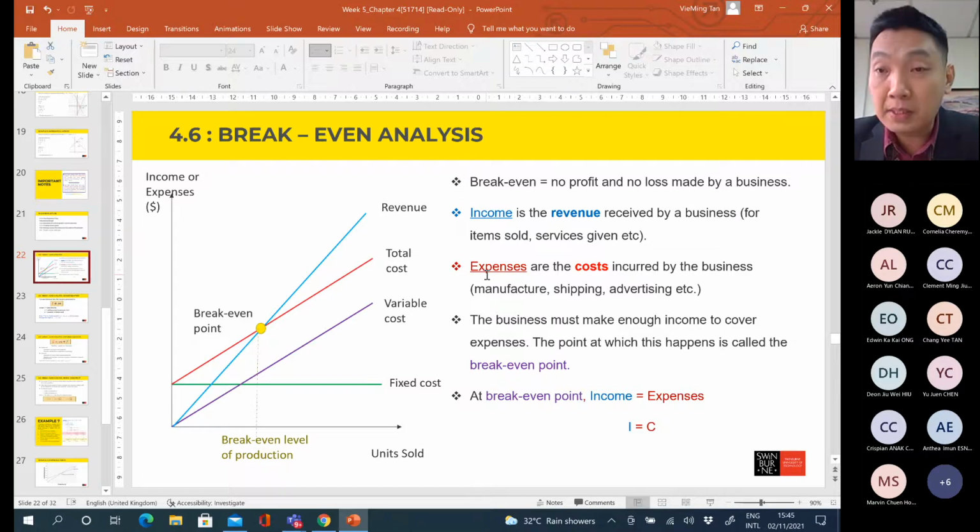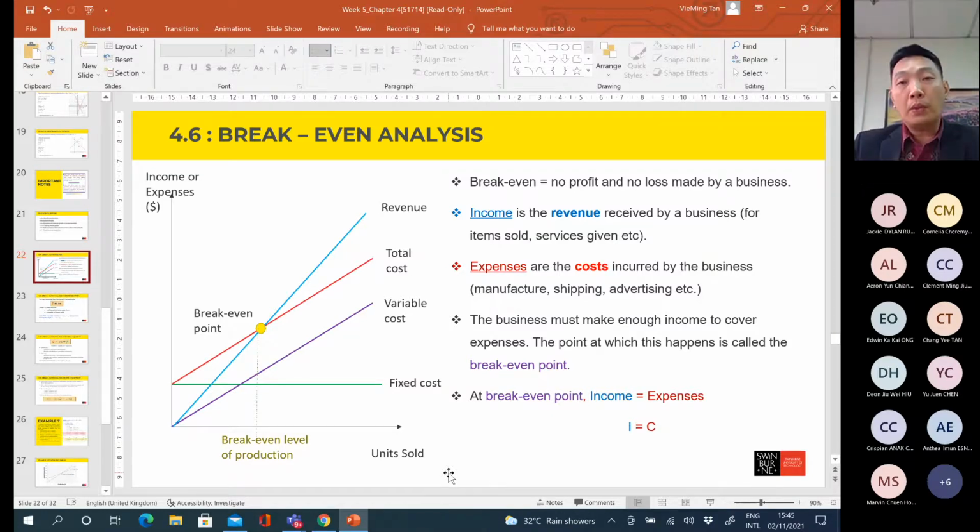If the revenue is equal to the cost, then the business is achieving the break-even point. That means there is no profit and no loss. So at the break-even point, the total income is exactly equal to the total expenses, or total cost.